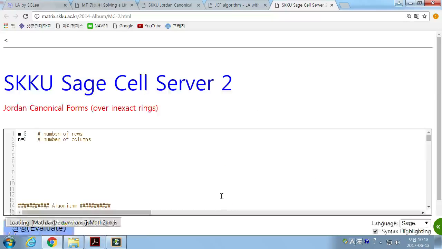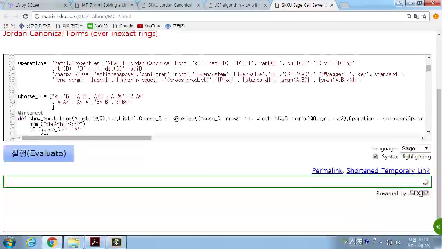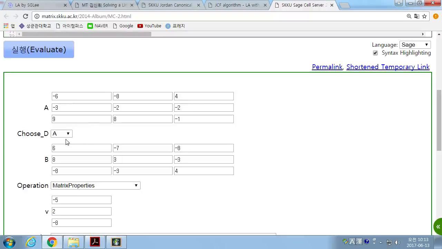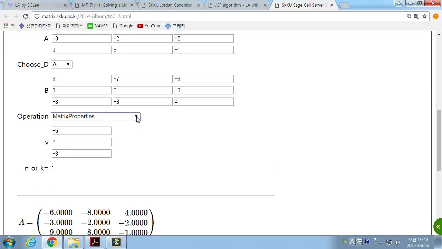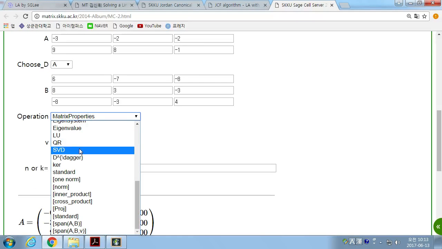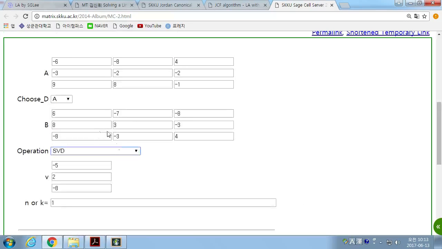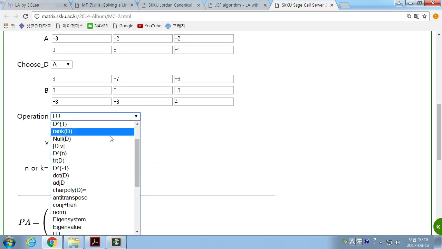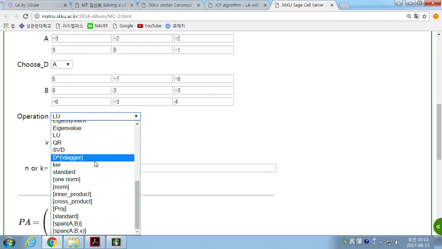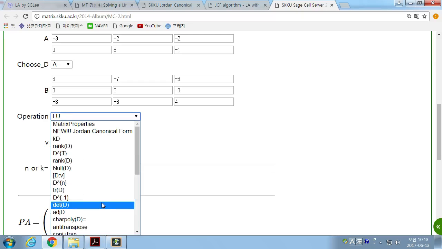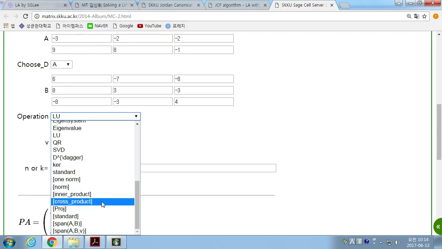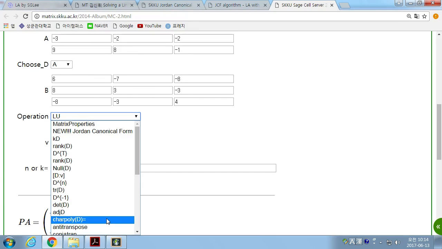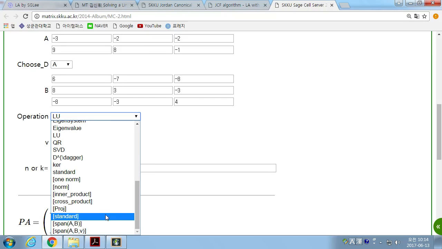Also here I gave you this tool, where the singular value decomposition can be found. No, not this one. The LU decomposition can be found here, and also here is a different address.